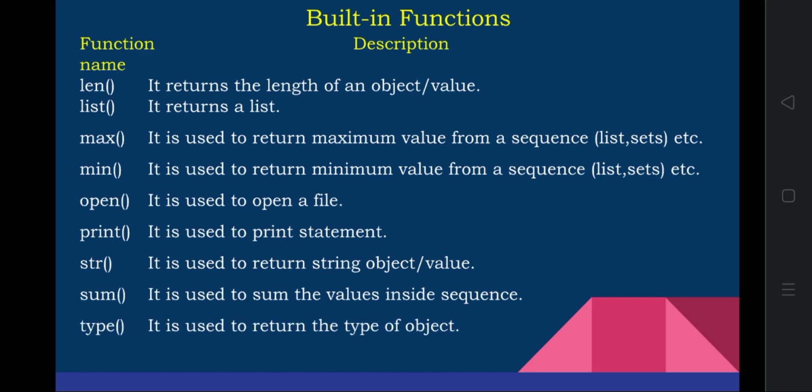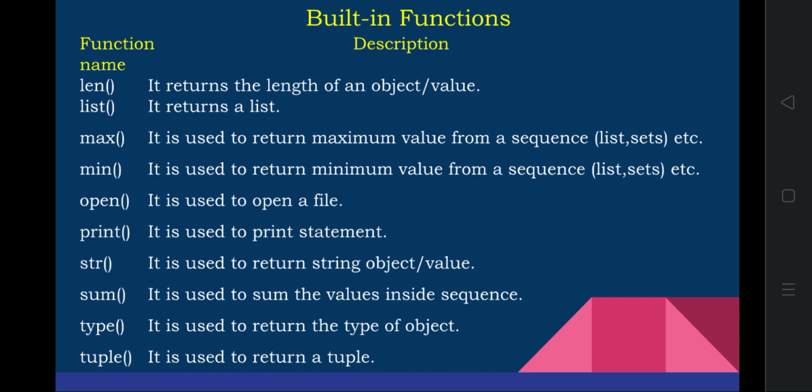Then type. This helps to return the type of the object. So you define any list or a tuple or a character or integer, whatever you define, and then if you use type, it will give the type of the object or the variable used. Then next is tuple. It is used to return a tuple.